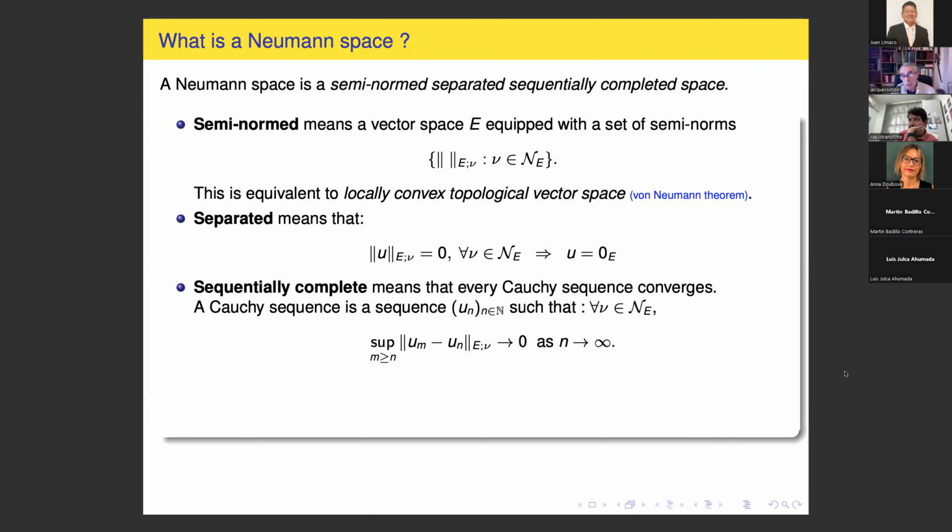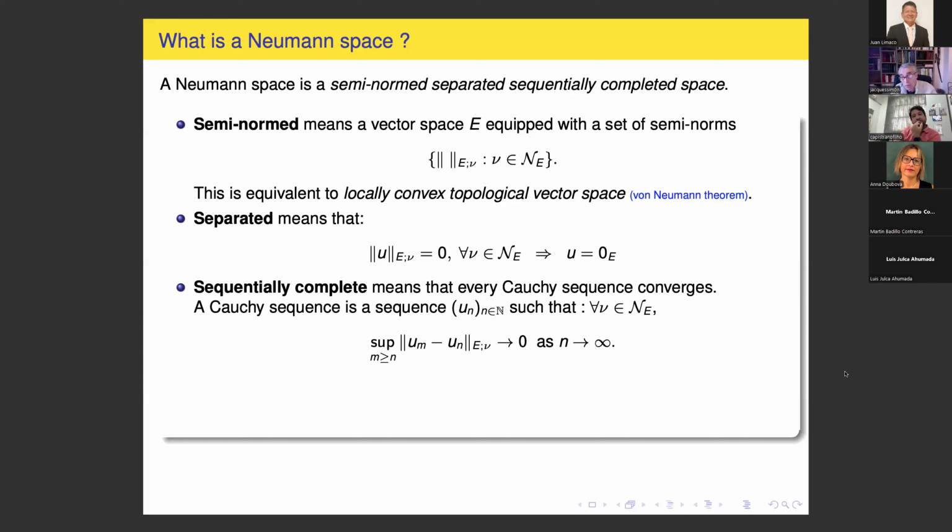A Cauchy sequence UN means that the supremum for M greater than N of UM minus UN in seminorm of index nu goes to 0 as N goes to infinity. If you have only a norm, not a seminorm, it is the usual definition of a Cauchy sequence. And if you have a lot of seminorms, it is a Cauchy sequence for each seminorm.